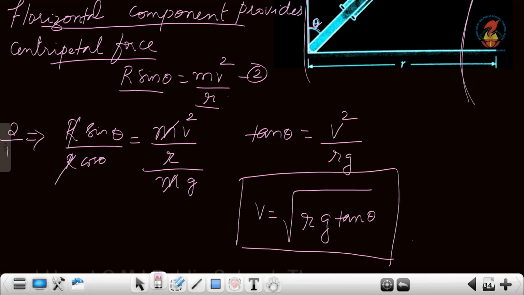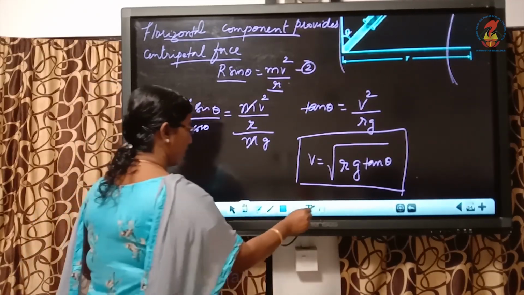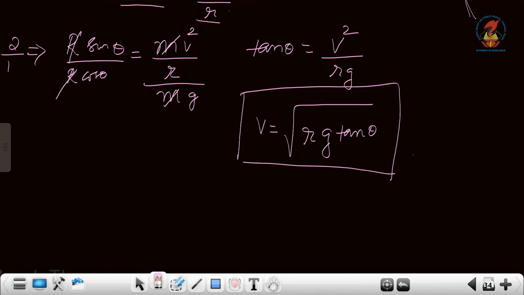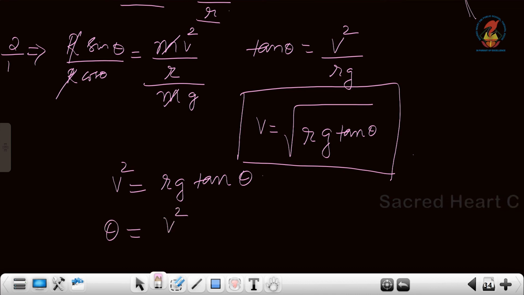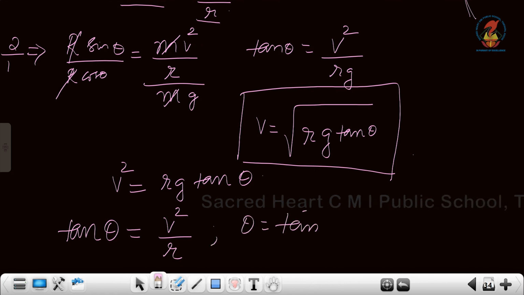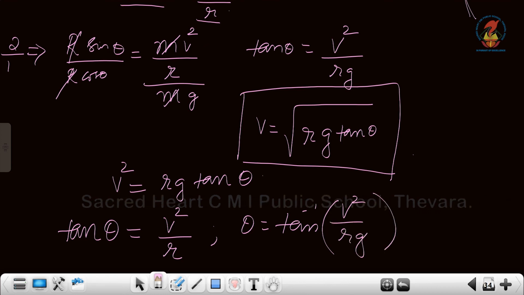And if you want to find out what is the minimum angle required for bending, then from this equation, v square is equal to rg tan theta, or the minimum angle theta is equal to tan inverse of v square divided by r into g.